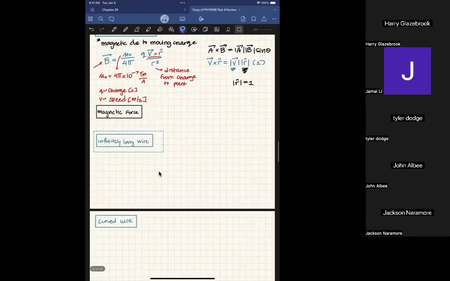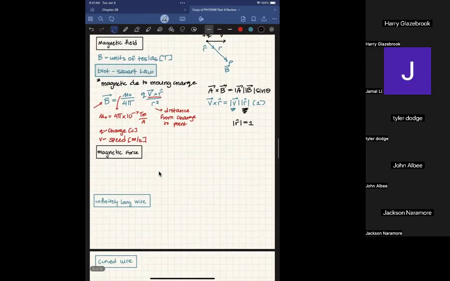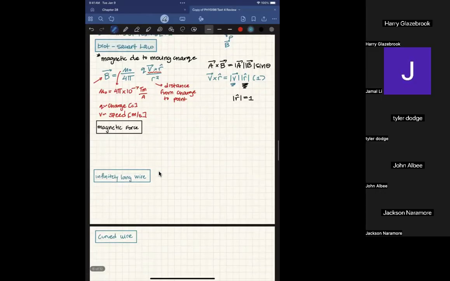And actually, before I do that, sorry, I got to talk about the magnetic force, my bad. So the magnetic force is actually sometimes called the Lorentz force.